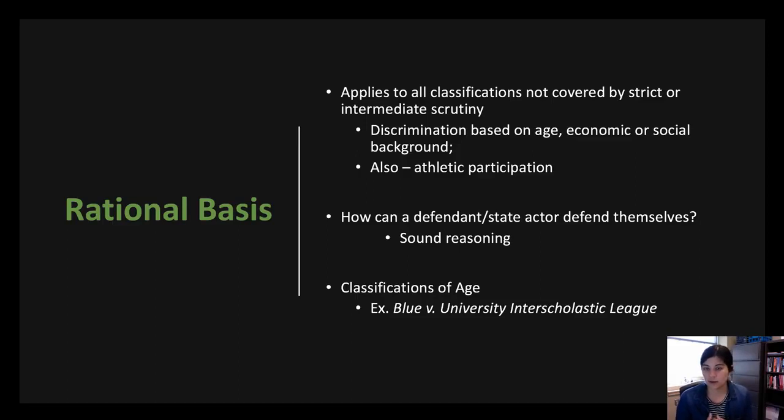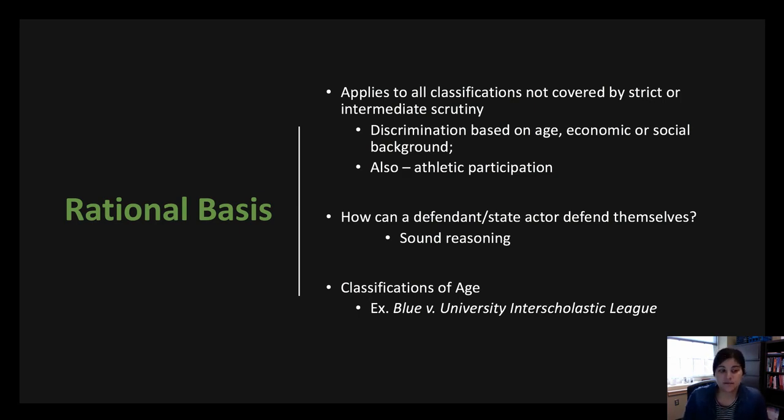So you can see I've given you a couple of examples here of things that commonly come up under rational basis: discrimination based on age, discrimination based on economic or social background. We've seen some cases involving athletic participation as a category or classification for discrimination under rational basis.